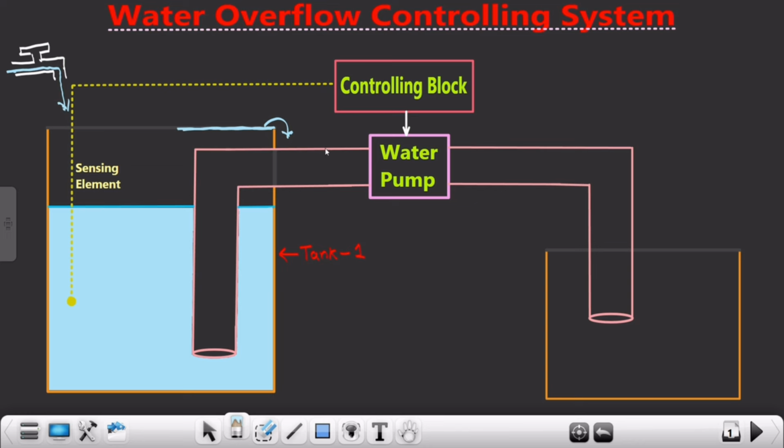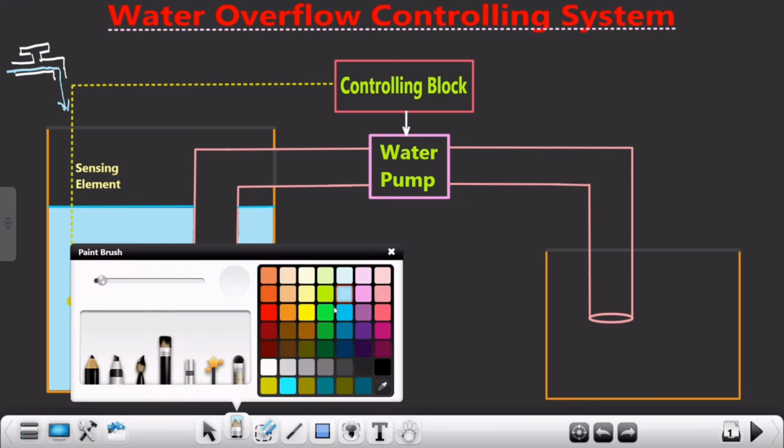So to avoid this particular scenario, we had designed a system wherein we are putting the sensing element in this particular tank one, okay? And the output of this sensing element would be fed to the controlling block, and depending upon the output of the controlling block, the water pump will operate, okay? So if the controlling block gives the instruction to the water pump that, okay, now suck the water from tank 1 and fill it to tank 2, okay? So let's assume this is my tank 2.